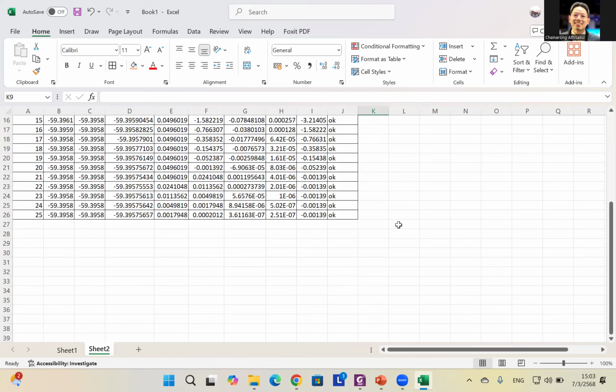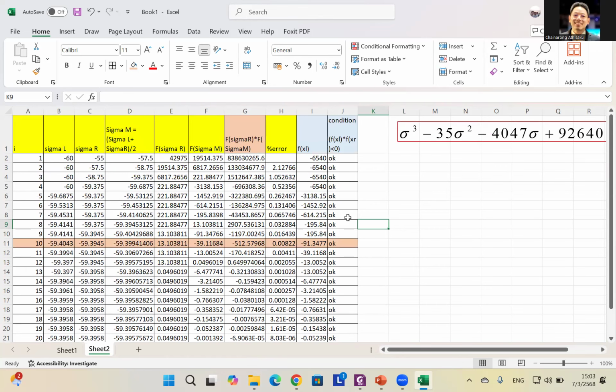stopping criteria like that. Okay, so for these cases, with the stopping criteria like that, only 10 iterations may reach the percent error that we set as the criteria.